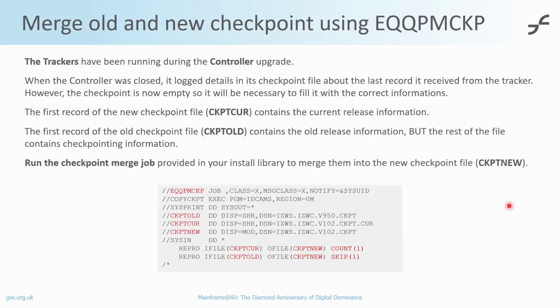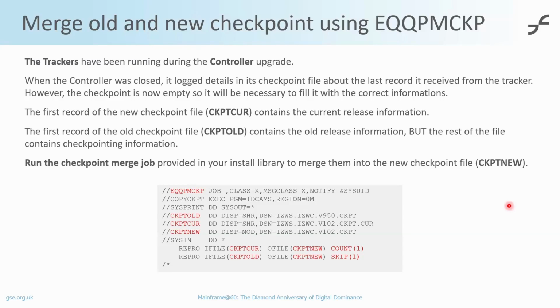And the first thing you need to do is to perform the checkpoint file merge. So you have the old checkpoint file, that is the file that contains all the events that the controller received so far from all the trackers, okay?